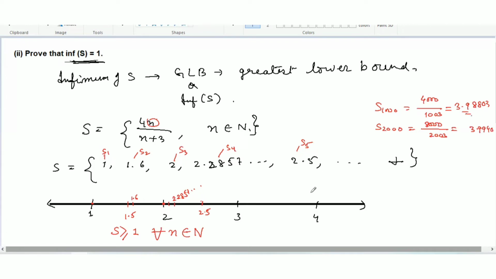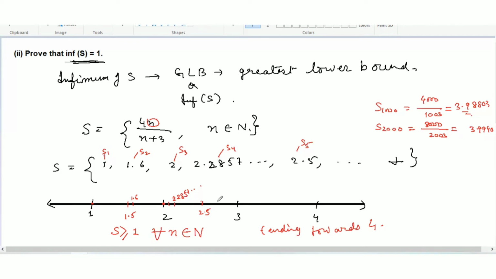What we can see is that these elements of S are tending towards 4. And 1 is an element here, and every element is greater than or equal to 1.